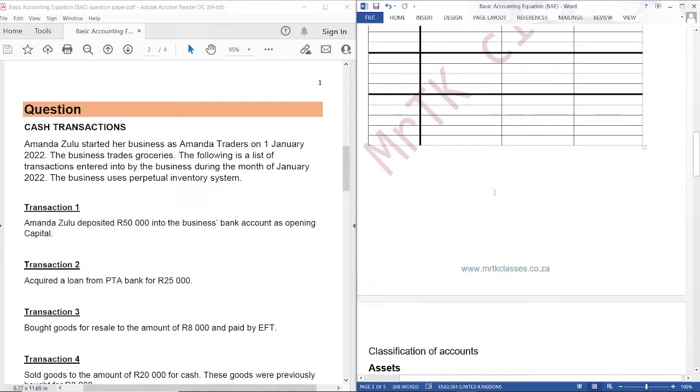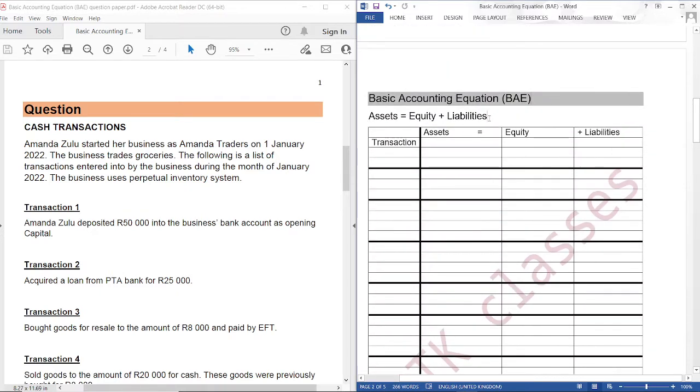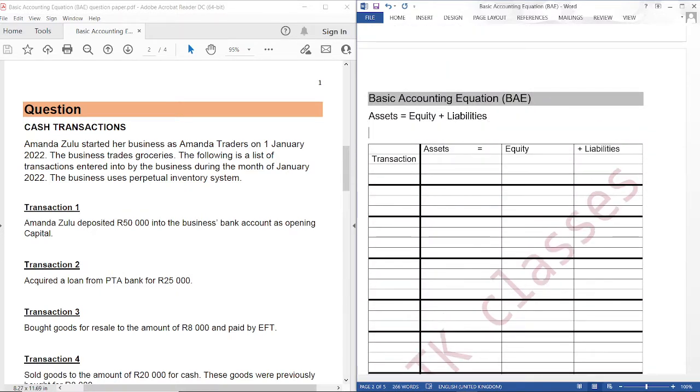Okay, let's go back. All right, so assets have a debit balance, which means that they increase on the debit side and they decrease on the credit side. Then this side of the accounting equation has a credit balance, right? So this side of the accounting equation, debit balance, this side of the accounting equation, credit balance, right?